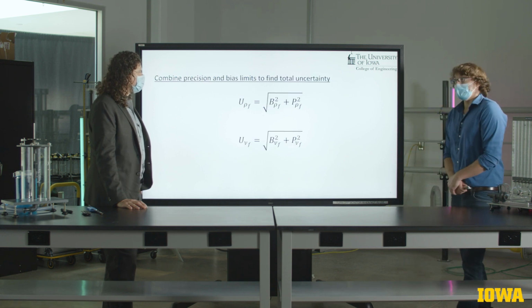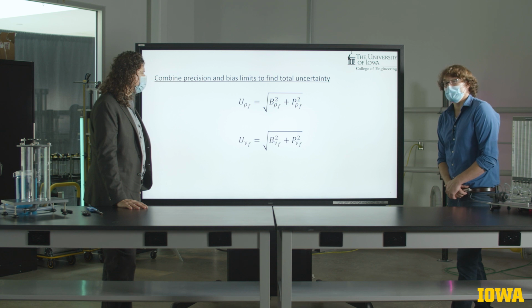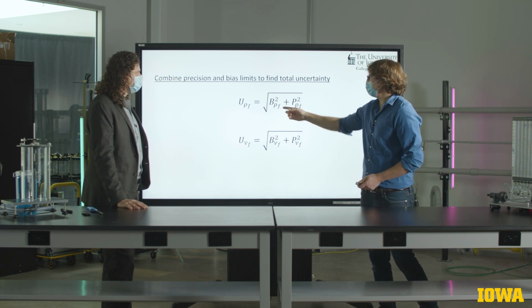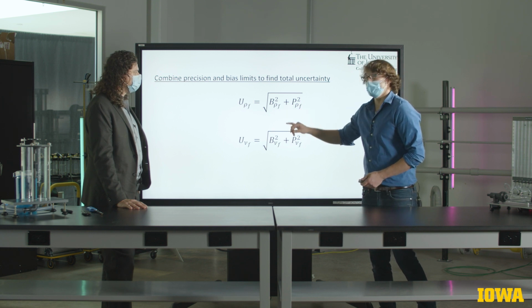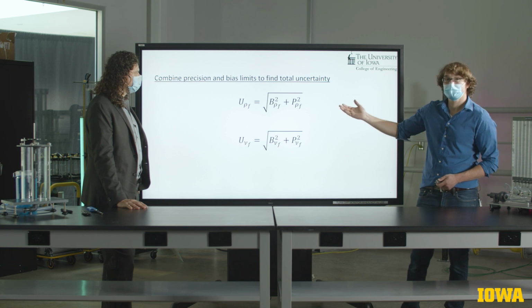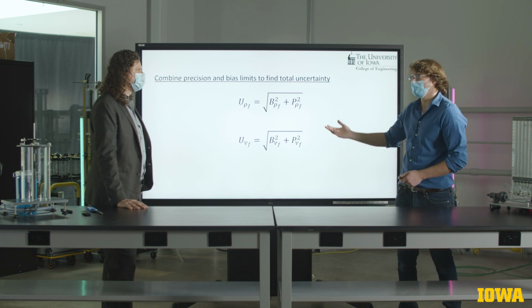So we can combine the precision and the bias limits into a total uncertainty by taking the Euclidean norm of B and P for the density and the viscosity to arrive at our 95% confidence interval half-widths.